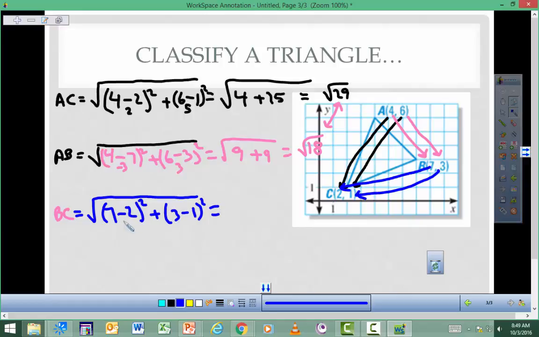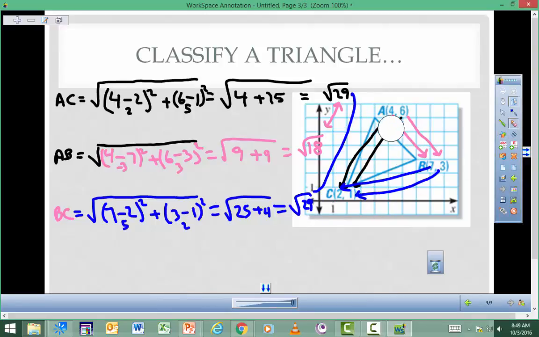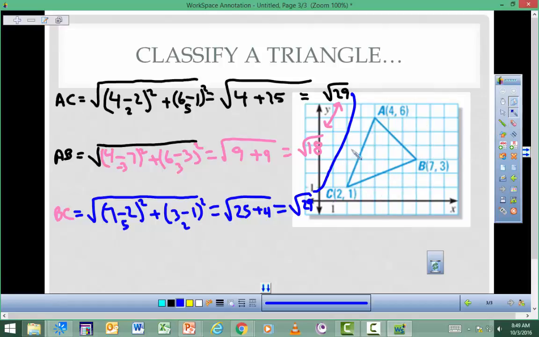Well, 7 minus 2, of course, is 5, and you square that, you get 25. And 3 minus 1 is 2, and square that, you get 4. So lo and behold, that's equal to the square root of 29. Well, at this point, I recognize those two are the same. So it turns out that this whole thing is an isosceles triangle.